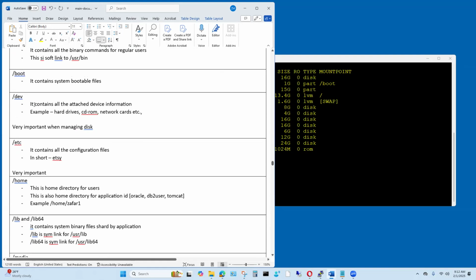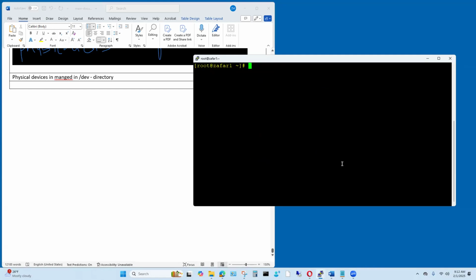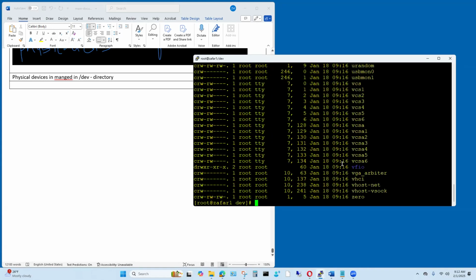Here I mentioned it contains all the attached device information. So these two directories we're going to use a lot going forward. Very important when managing disk. So if you go to cd /dev, and if you do ls -l, there is usually a lot of stuff in here.